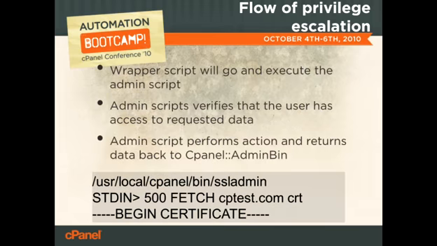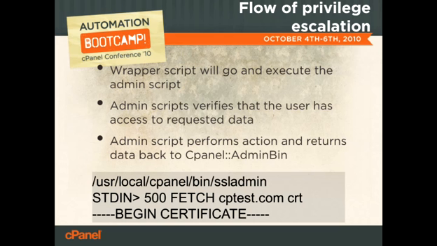Then, once it's verified that all these things are correct, it executes the admin script. When it executes the admin script, it leaves it running as a subprocess, and writes the parameters that you passed into cPanel AdminBin into standard in of the admin script. The admin script then goes, okay, I'm being called from this UID with this action and these parameters.